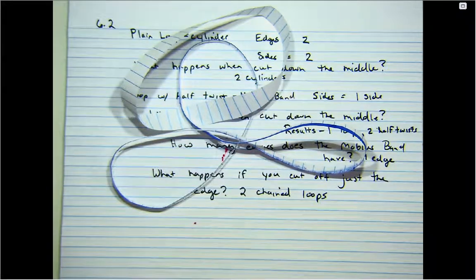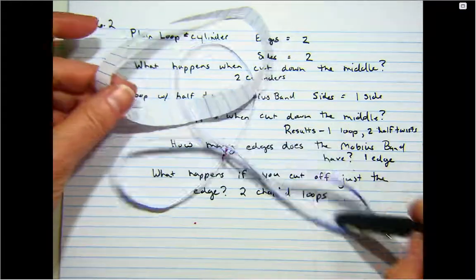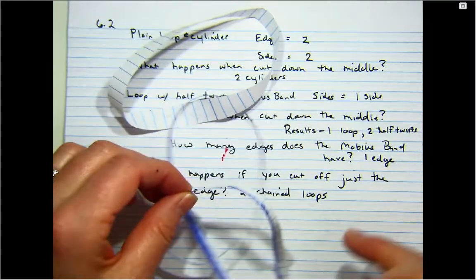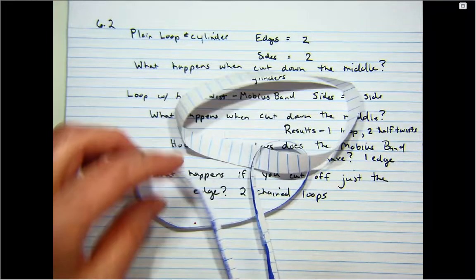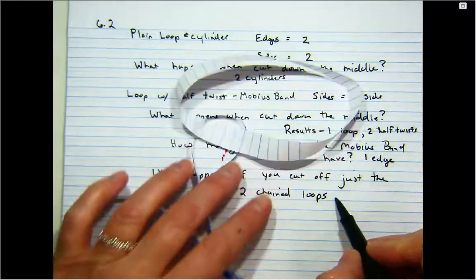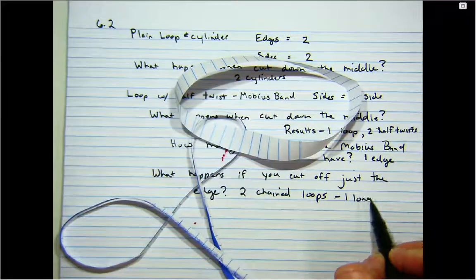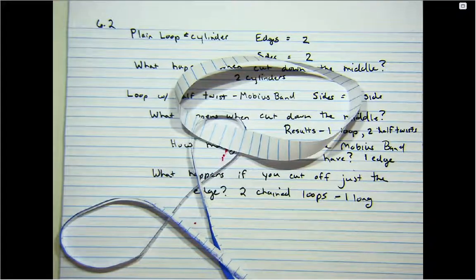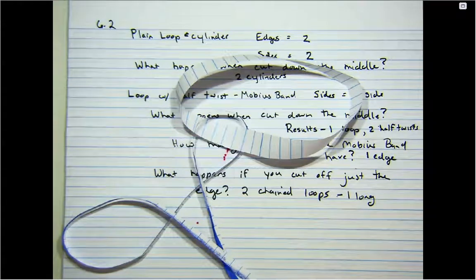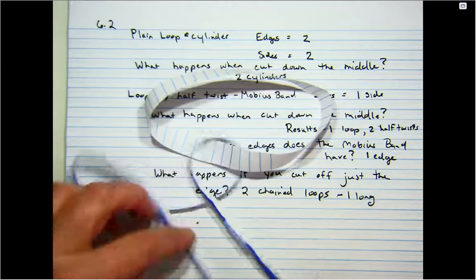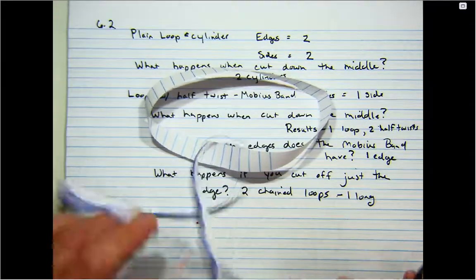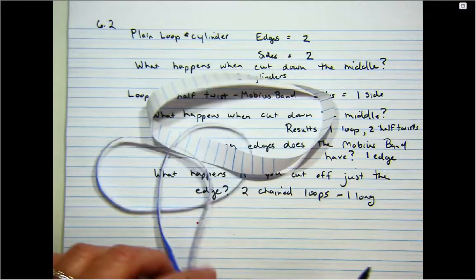So you have two chain loops hooked together. You have one that's long, right? The long one has some half twists in it, two half twists.